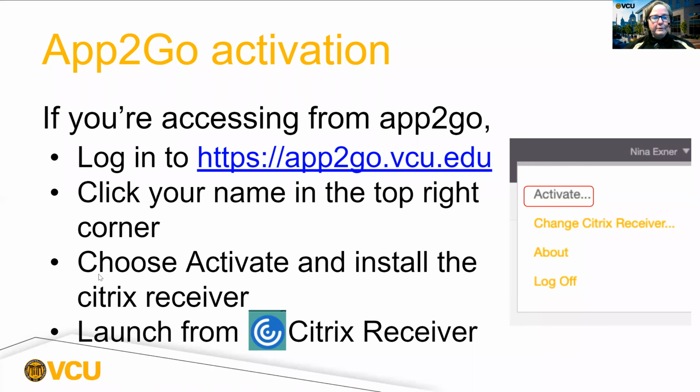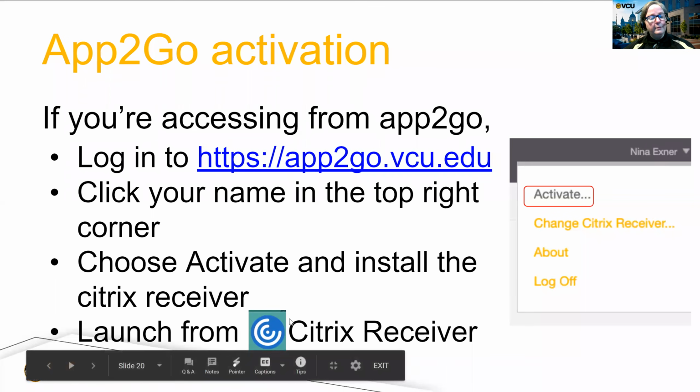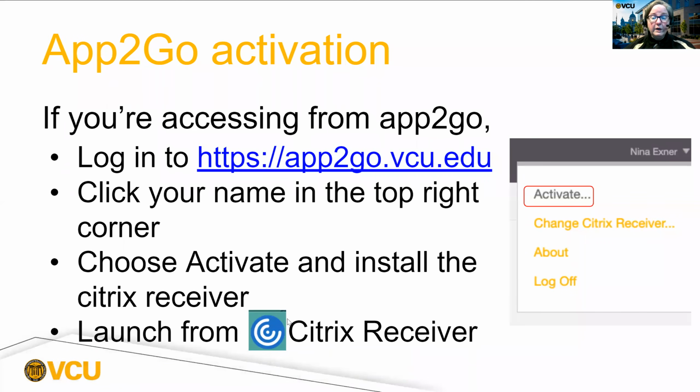If you're using App-to-Go, you need to log in to App-to-Go on the website. And then once you've downloaded the website version of App-to-Go, you'll need to go to the upper right corner and find your name and click on it and activate, which will then install a program called Citrix Receiver, and you can launch from there.